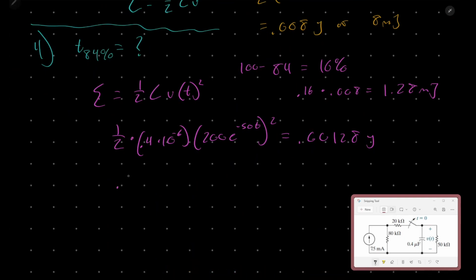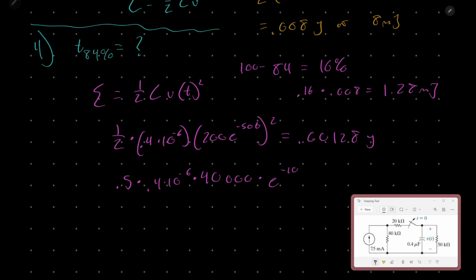So we'll change this to 0.5 to make things easier, 0.4 times 10 to the power of negative 6. And then we need to distribute the square to the 200 and then to the e. 200 squared is going to be 40,000. 40,000 times e, and when we do an exponent of an exponent, we just multiply them.